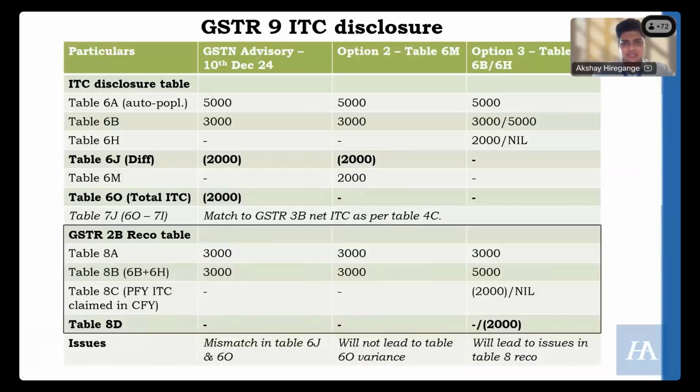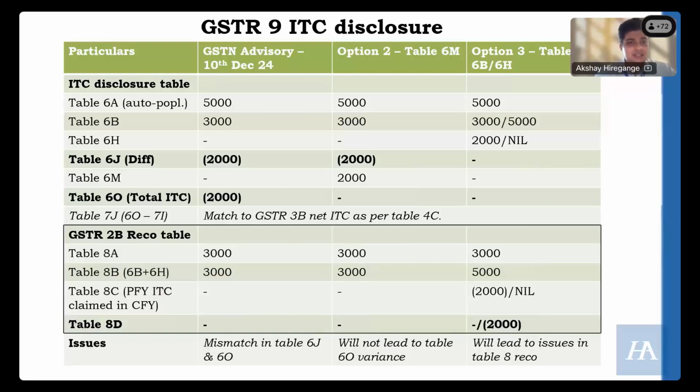So to sum up this disclosure, the left side has the GST advisory. Option 2 is where 6M can be used. Option 3, which is not suggested at all, is table 6B, 6H. Let us assume in this situation that total auto-populated is 5,000.